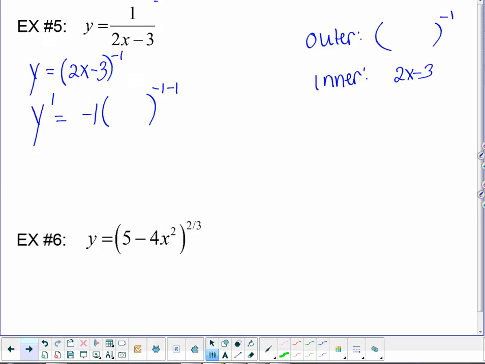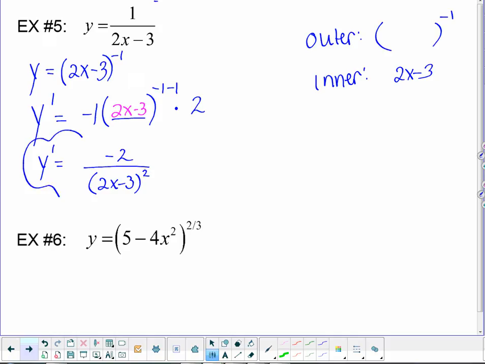Leave the inside function alone, so 2x minus 3. Now a chain reaction happens, and we chain off, and we take the derivative of the inner function, and the derivative of that is simply 2. Rewrite it so it looks nice, and we have -2 over 2x minus 3 raised to the 2nd. I don't know about you, but I think that is a little bit easier probably than doing quotient rule.